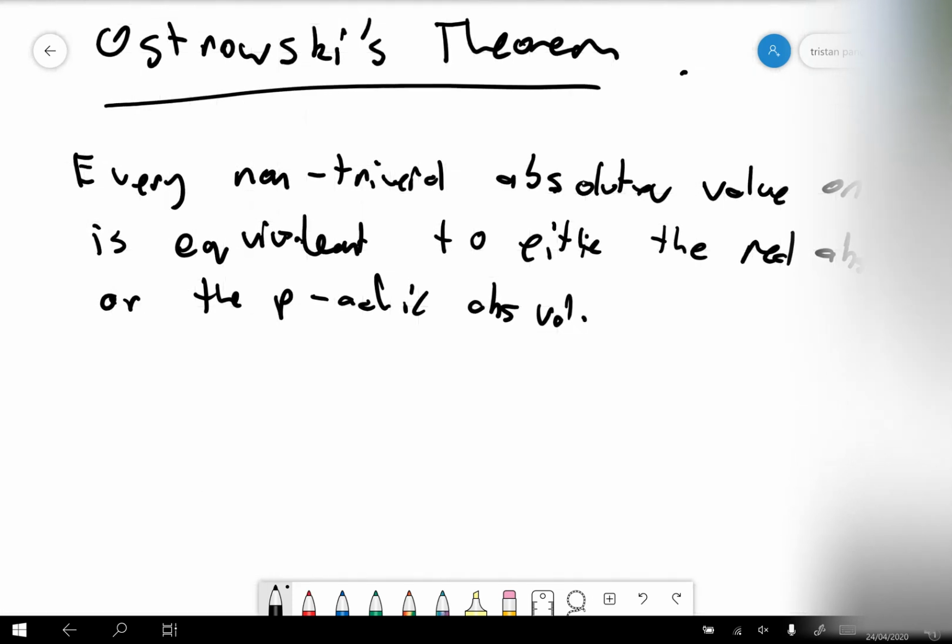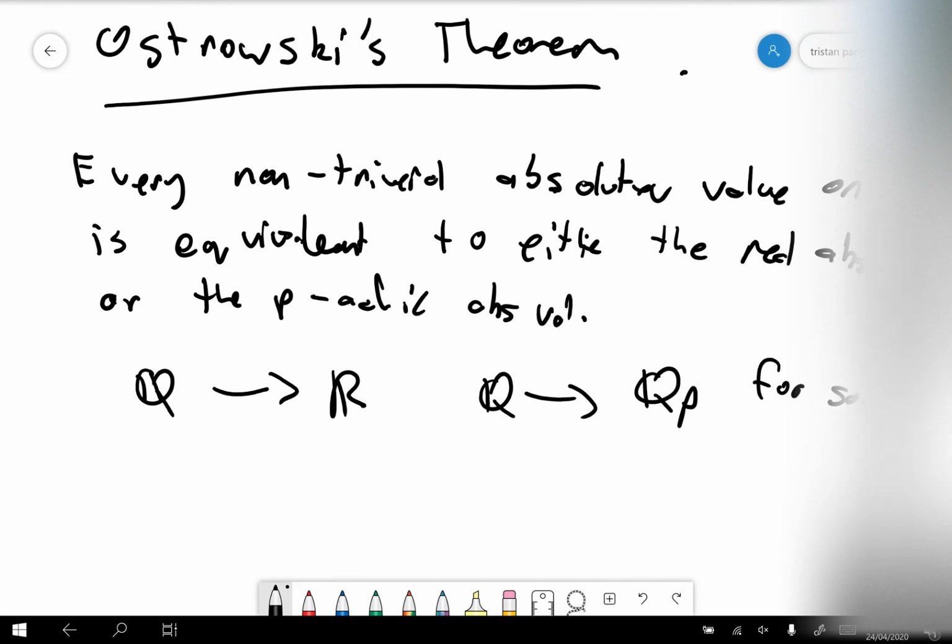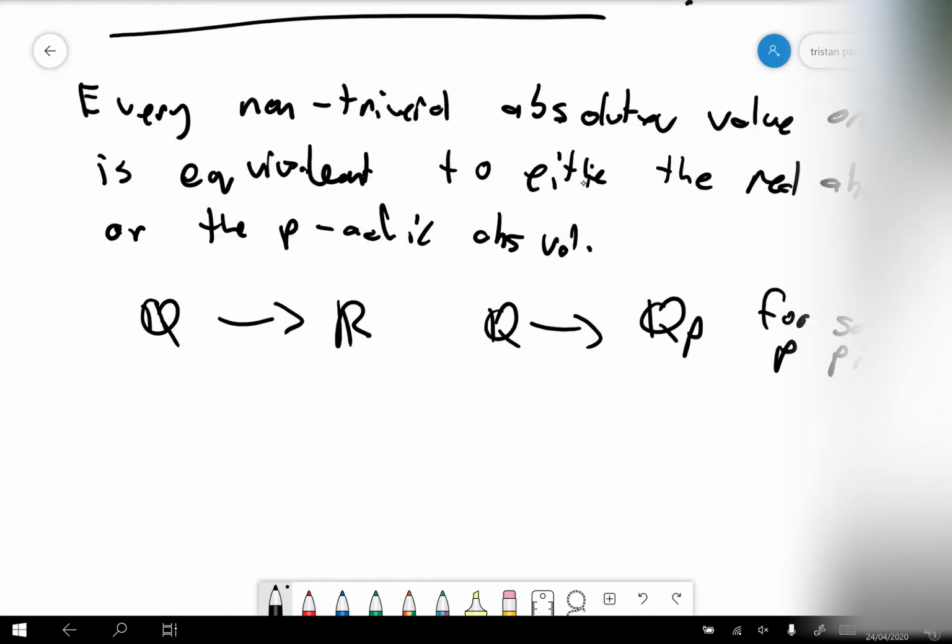So that just means that there are two classes of ways to complete the rational numbers. Either Q goes to the real numbers, or Q goes to the P-adic numbers for some prime P.